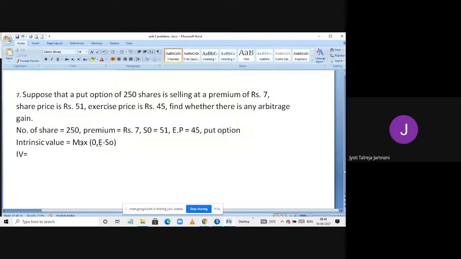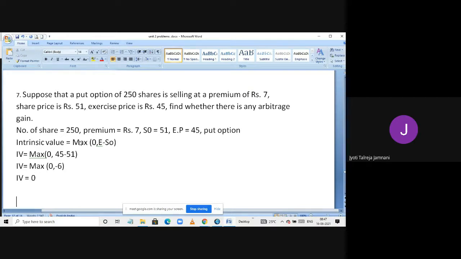So intrinsic value is equal to maximum of 0, comma, E is 45 minus S naught is 51. 45 minus 51 is minus 6. So intrinsic value is equal to maximum of 0, comma, minus 6. Out of 0 and minus 6, maximum is 0. So intrinsic value will be equal to 0.